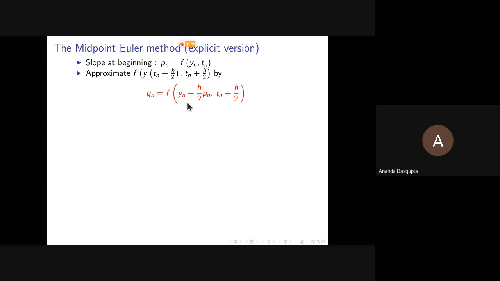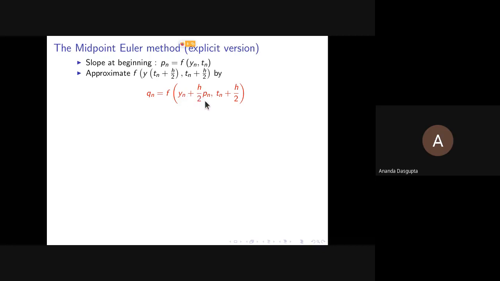For the y argument, instead of putting in y at Tn plus h by 2, which you do not know, you put in the estimate Yn, which is y at Tn, plus h by 2 into Pn. So what we are doing here is using the slope at the beginning to estimate what the y will be at the midpoint, right? So because we've only moved h by 2 from Tn, this is going to be yn plus h by 2 times Pn.